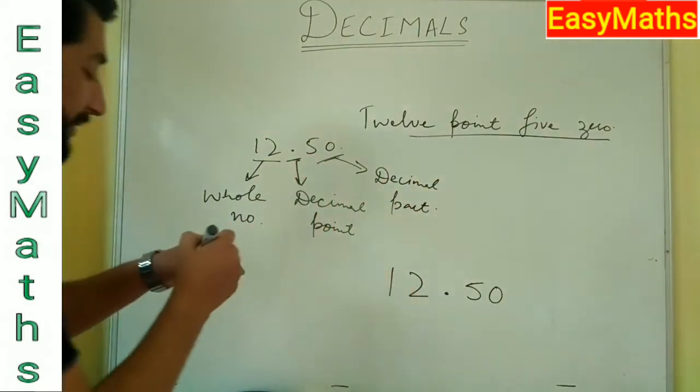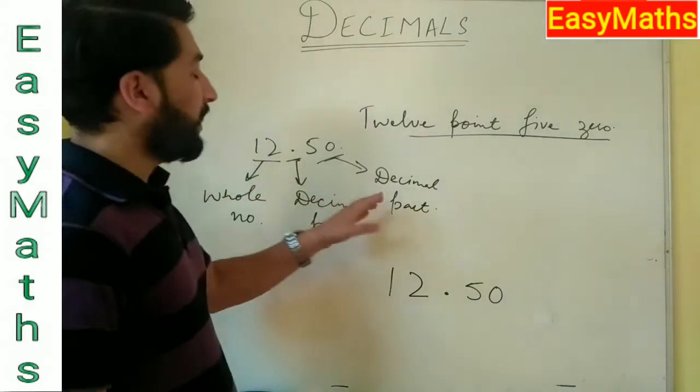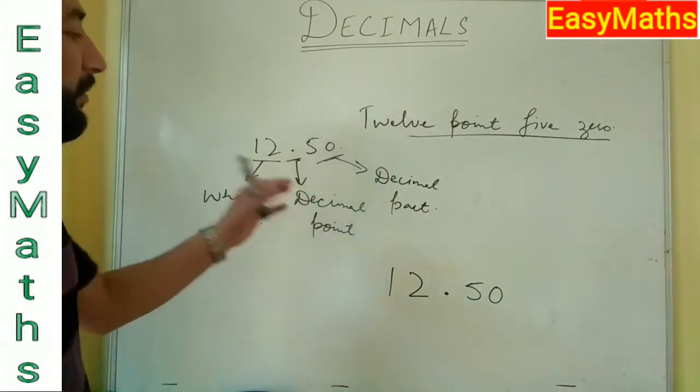A number that comes after the decimal point is said to be the decimal part.